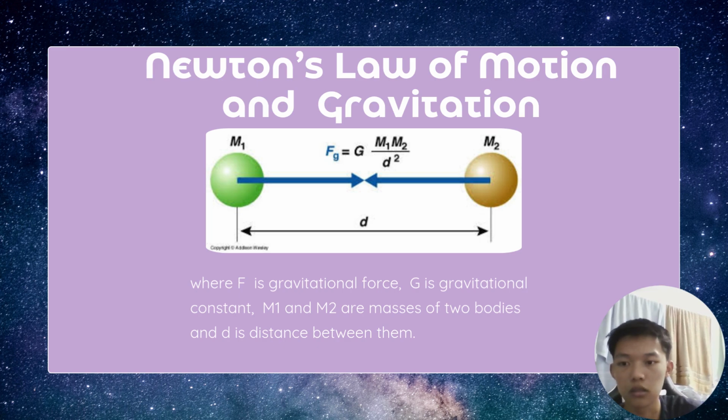As the distance r increases, the force decreases by the square of the distance. This is why planets farther from the sun experience weaker gravitational attraction.